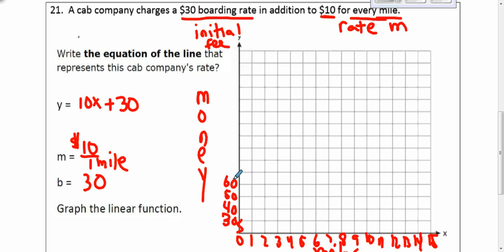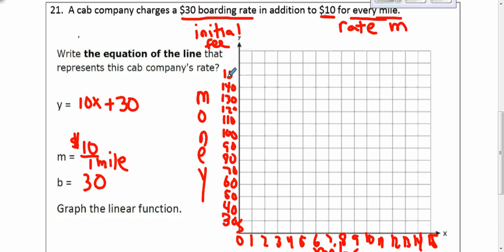For every mile you go, it's 10 more dollars. So I'm making it easy for me to graph. So I go to 30 using my initial fee, and then I use the slope to go up on the graph from there.